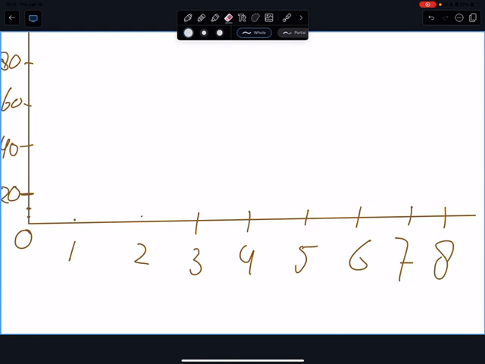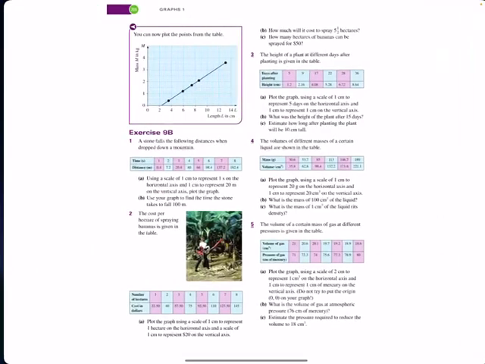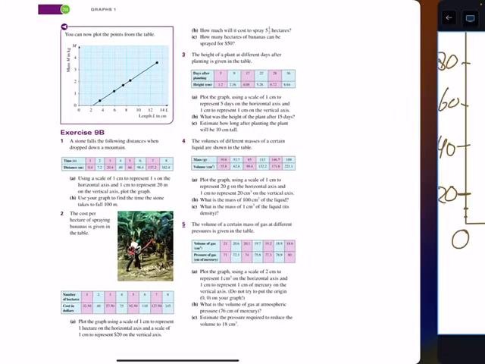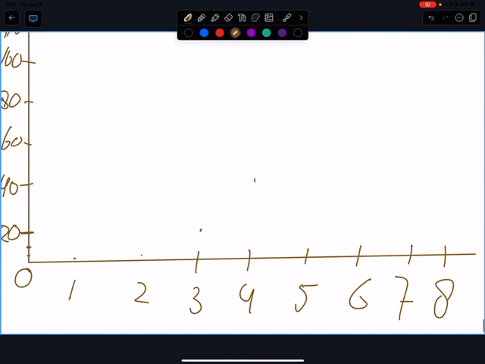Which is here, give or take. Then you go 4 is 40. 6 is 98. And that's how you continue.